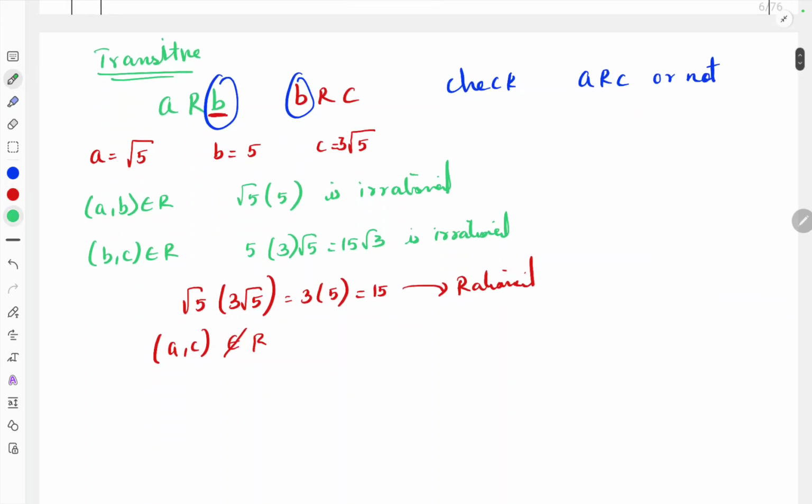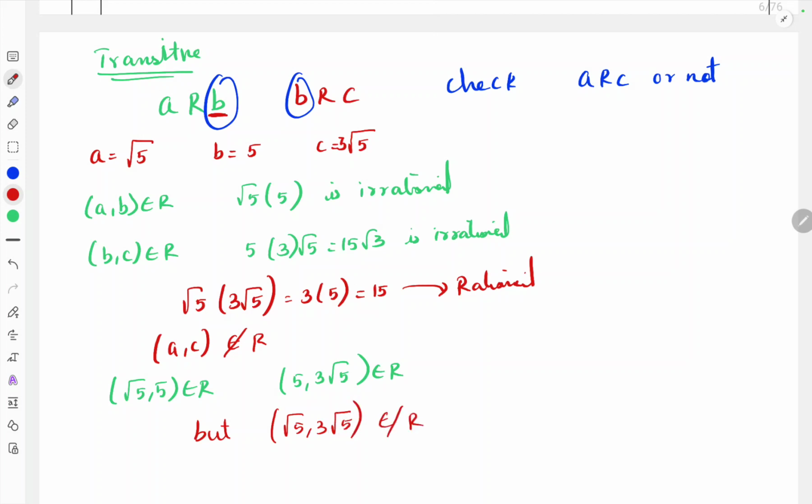So root 5 comma 5 belongs to the relation, 5 comma 3 root 5 belongs to the relation, but root 5 comma 3 root 5 does not belong to the relation. Which means it is not transitive.